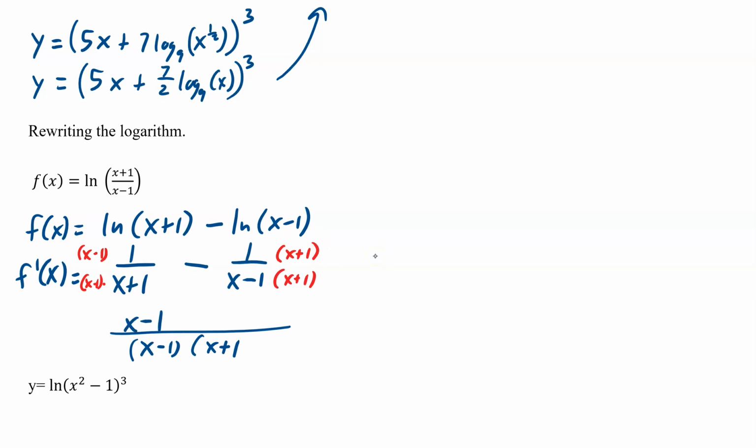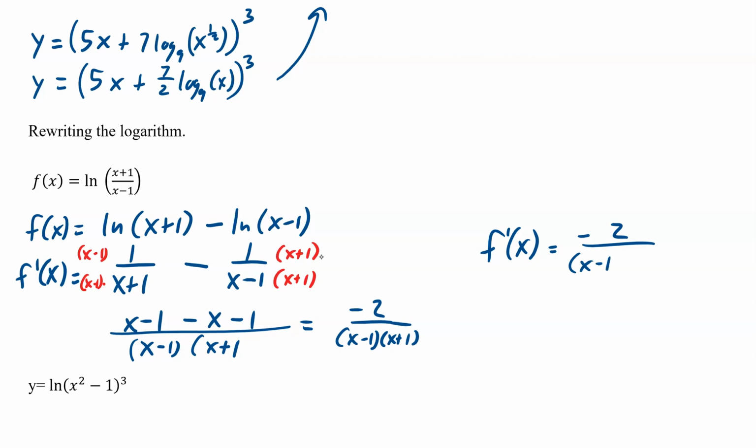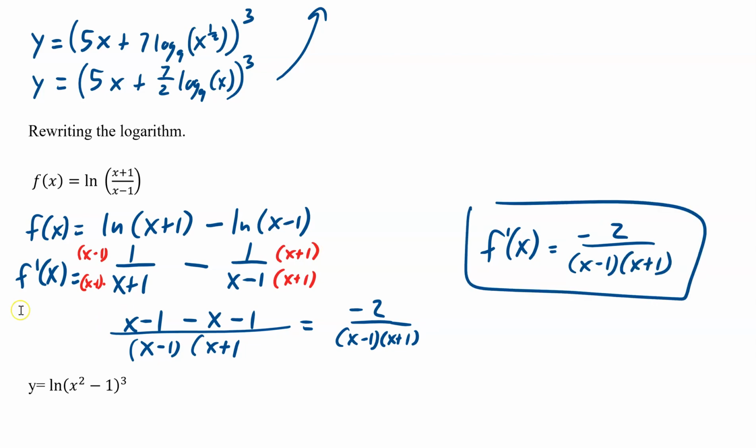So x minus 1 minus x minus 1, because you have to distribute that negative to both. So this would become negative 2. So f prime of x equals negative 2 over x minus 1 times x plus 1. See, it's a lot nicer than leaving it in that form.